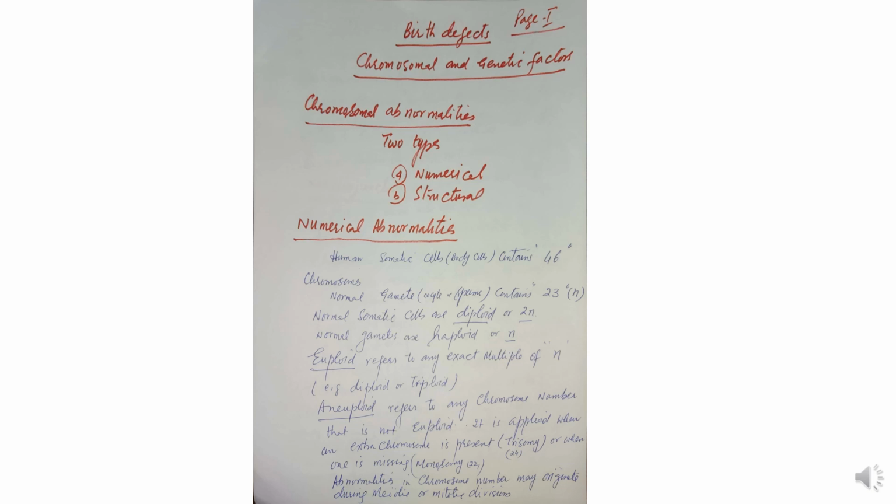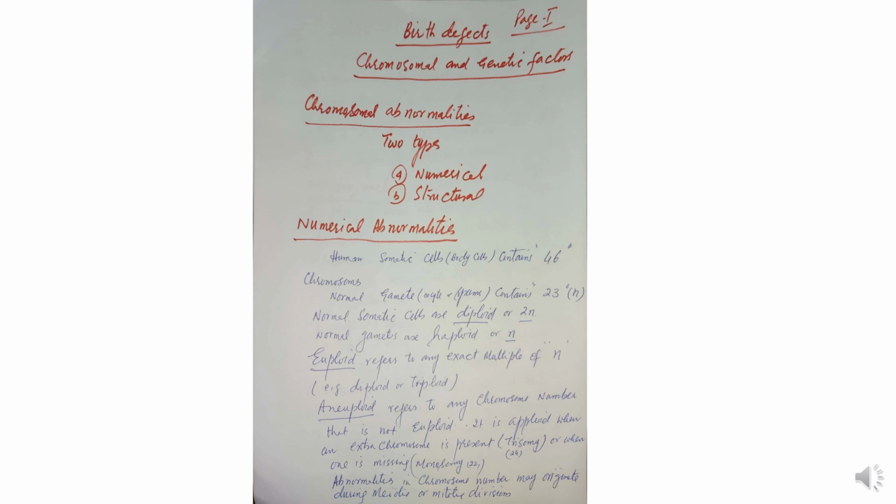For example, after division there are 46 chromatids in the cell. Each develops its replica, which is the sister chromatid, before division. When the sister chromatids develop, their number becomes 92 chromatids in one cell before the division starts.